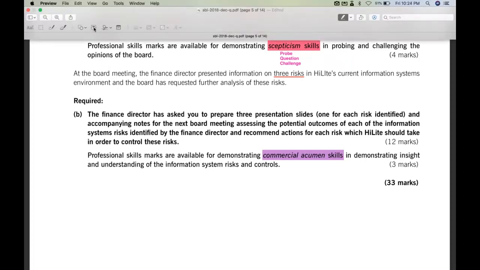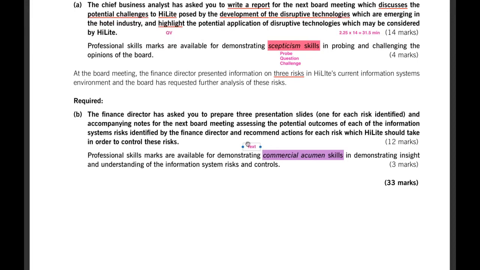So this actually is quite clear that the syllabus area would be ethical issues.